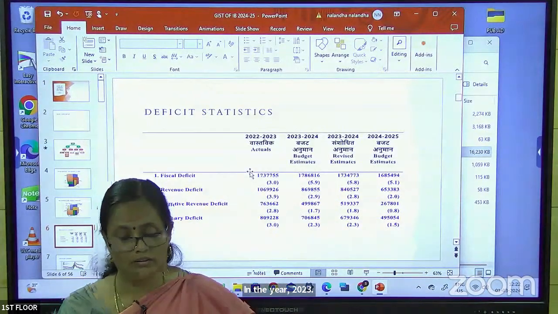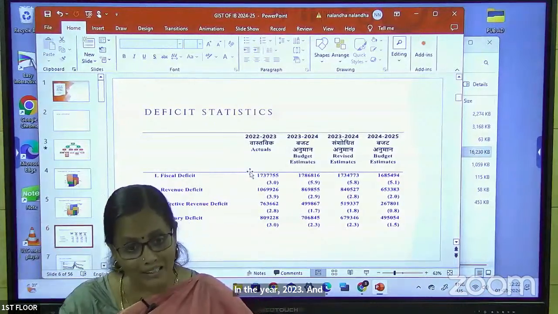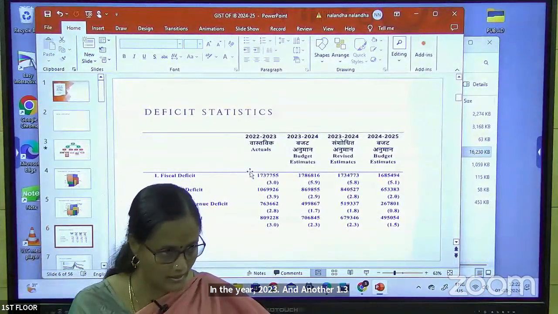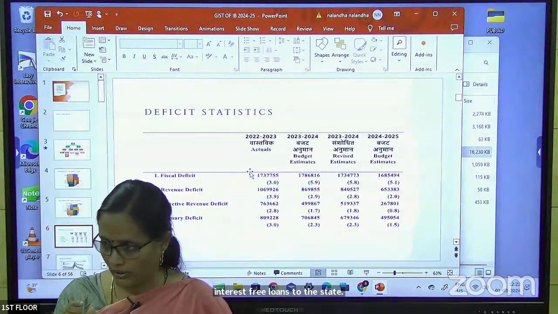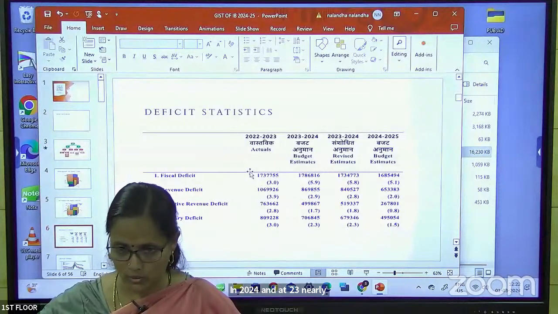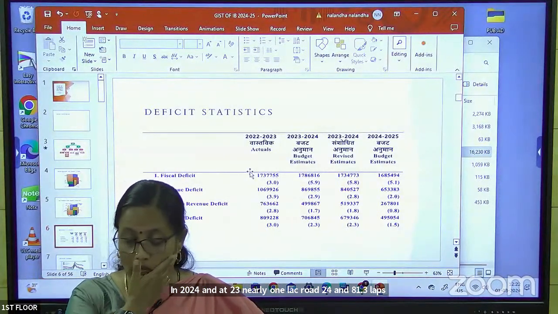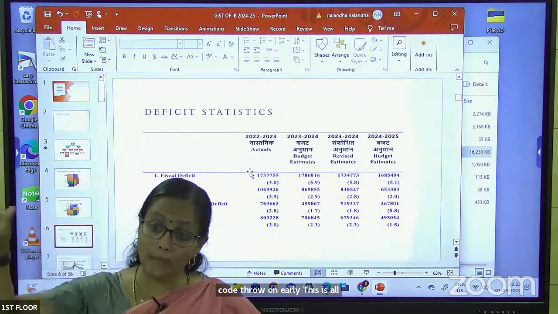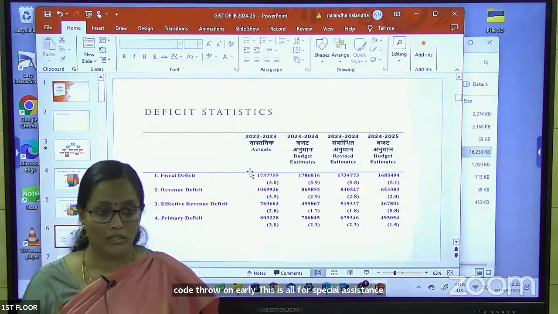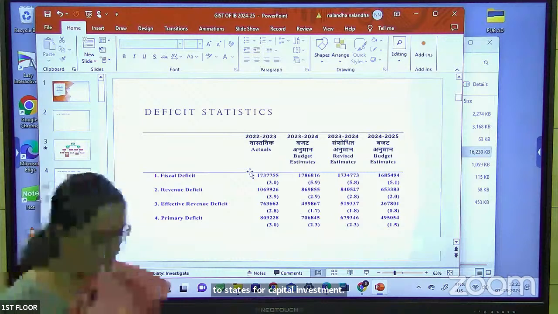And another 1.3 lakh crore of 50-year interest-free loans to the states in 2024. This is all for special assistance to states for capital investment.